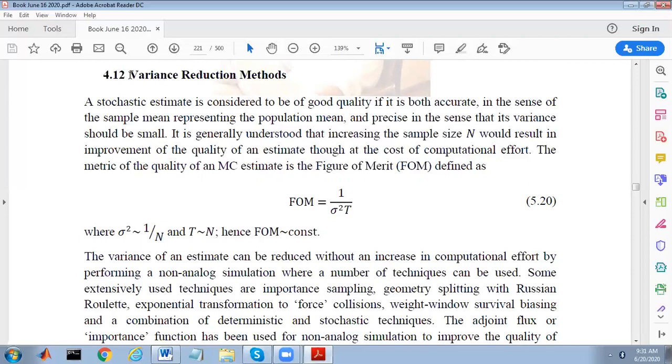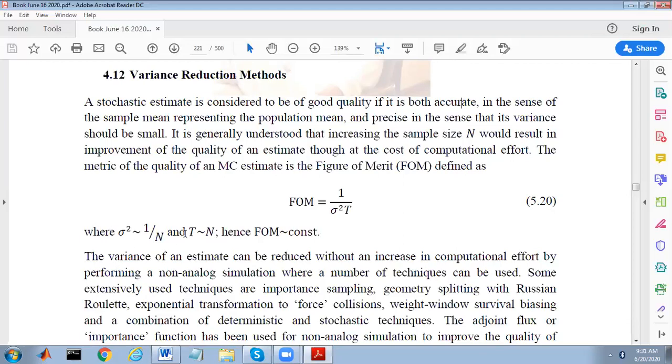So it is generally understood that if you increase the sample size, good. And how much do you increase? Okay, so let's look at this number, FOM. FOM is a figure of merit. A figure of merit is 1 over sigma squared T. Capital T is the computational time. Sigma squared is the variance. Now, why is it written like this? Well, you can see that sigma squared varies as 1 over the number sampled, and T varies as the number sampled.